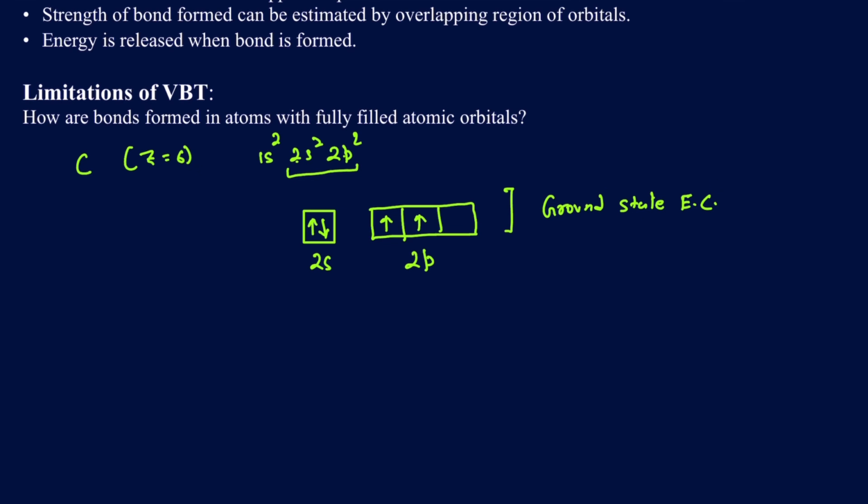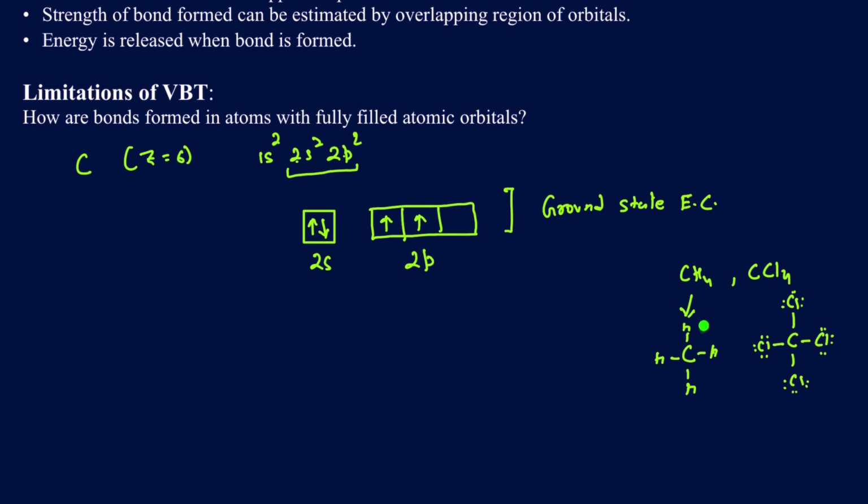Now, how many bonds does carbon really make? I can give you some examples like CH4, I can give you CCl4, and if you look at the Lewis structure of CH4, we typically have carbon at the center and four hydrogens around it. And for CCl4, kind of similar, I would have carbon at the center and four chlorines, and each of those chlorines will have octets completed. So just make sure you know how to draw the Lewis structures for those.